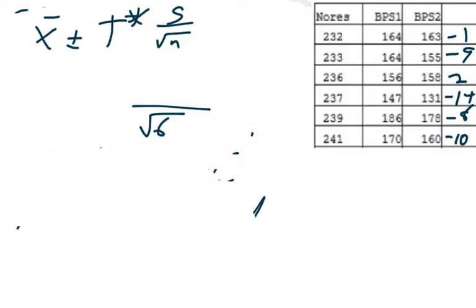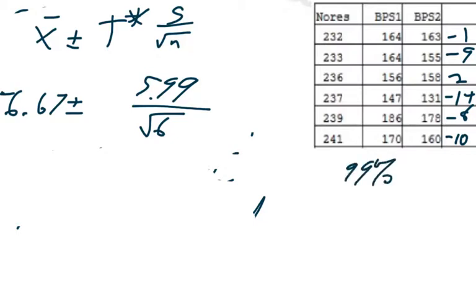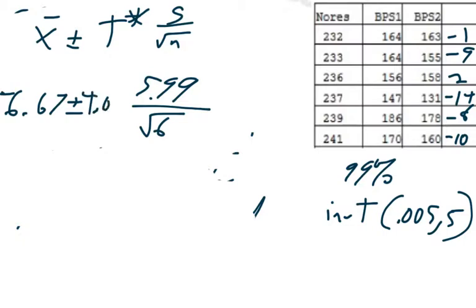Our standard deviation when we look at this turned out to be 5.99, and x bar turned out to be negative 6.67. So when we do t star, since we're doing a 99%, we're doing inverse t of 0.005 with 5 degrees of freedom. And so that is 4.032.